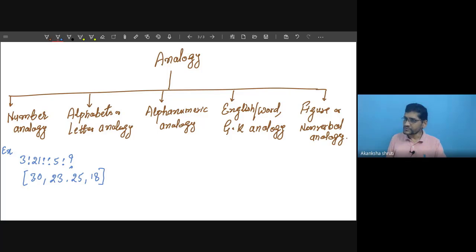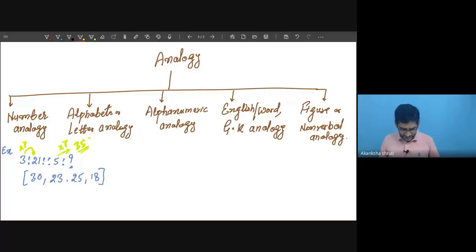You have to observe the options. So what is the correct answer here? Here we are observing 3, 7 means if I multiply the first number with 7, we are able to reach 21. So multiply 5 by 7, it should be 35. But 35 is not in the options. So 35 is not the correct one.